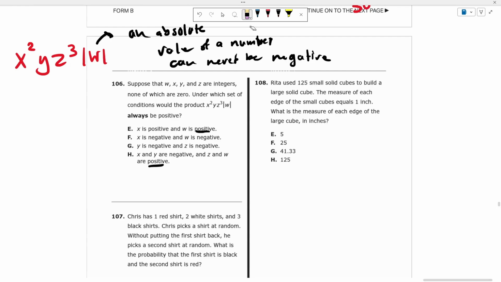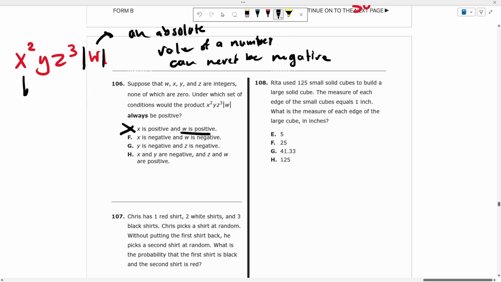That doesn't matter, because it's always going to be positive. W can be negative 1,000. Guess what? The absolute value of negative 1,000 is going to be the positive value of it, which is just going to be 1,000. An absolute value can never be negative. So our answer choice does not need to have W inside of it. We don't need to say that W is positive because anything that W is going to make it positive just because it has this absolute value sign around it.